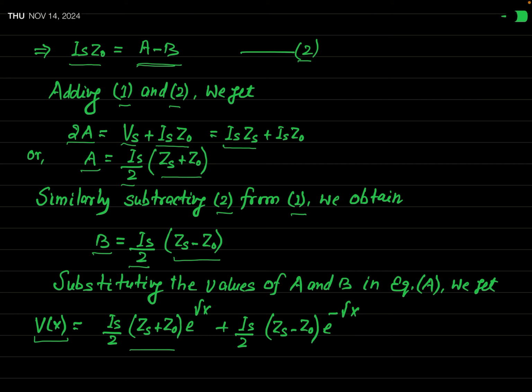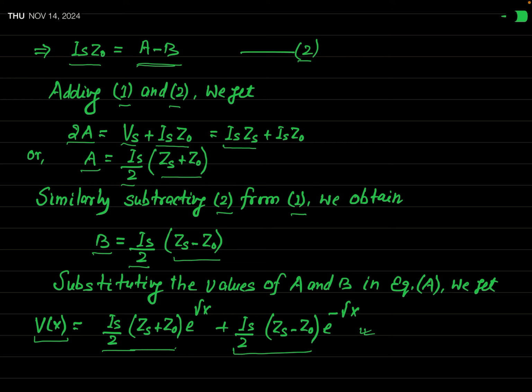But you can see A is equal to Is over 2 times Zs plus Z naught, so A has been replaced by this. And plus B times e to the power minus gamma x, but B is this much. So now you can see V of x is equal to this much.